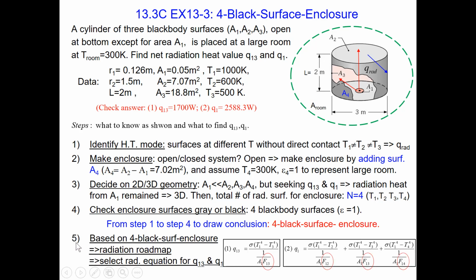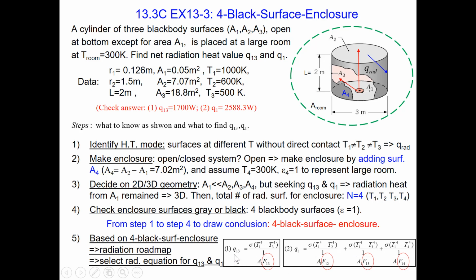Step 5. Based on the enclosure category, we go to the radiation roadmap in a minute, then select the proper radiation heat equation for Q13 in equation 1 and Q1 in equation 2 by checking.